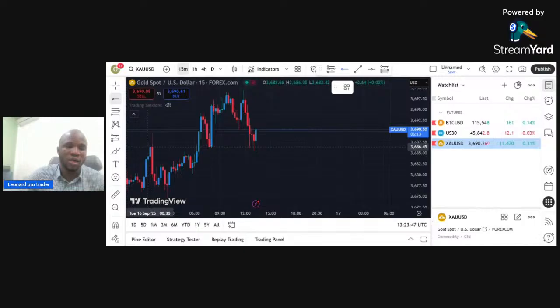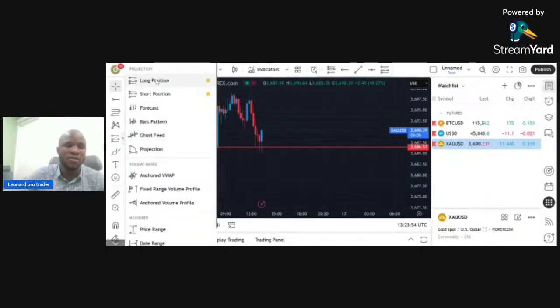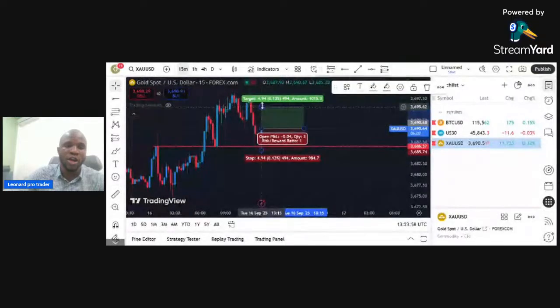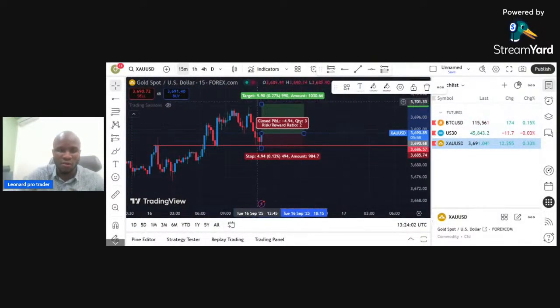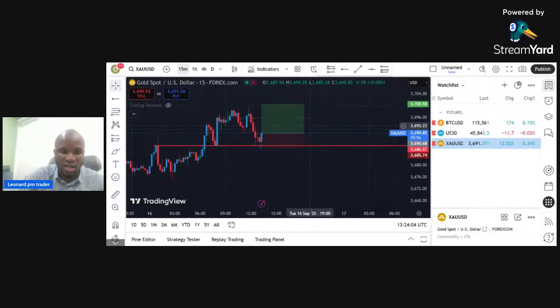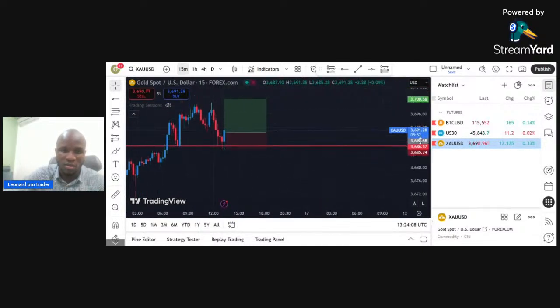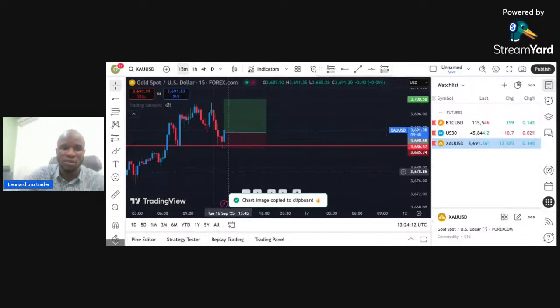Look at the market, it retested its support level. See, it went up. So I'm seeing a very good buy on gold. We are not able to find a support level, so our stop loss should just be above this high here. We should target times 2 of what we are risking. So this is what I'm expecting of gold.